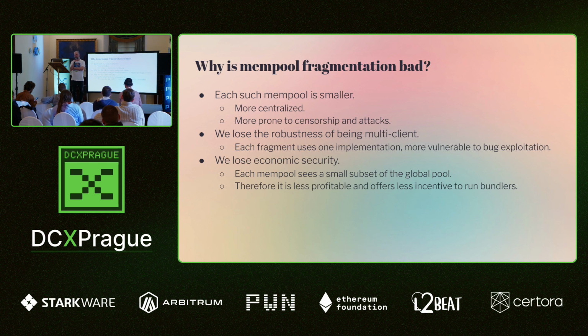So now a single software bug could take down an entire mempool and the users will not be able to propagate it. We also lose economic security, because each mempool only has a small subset of all the available transactions. So it cannot construct the most profitable bundle, which means there is less incentive to participate in it. So you get fewer participants.